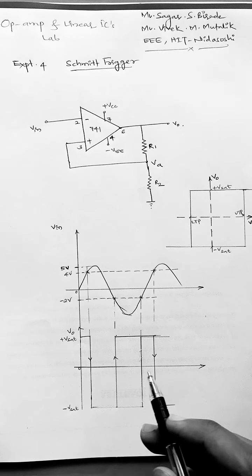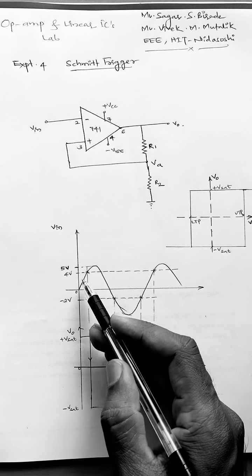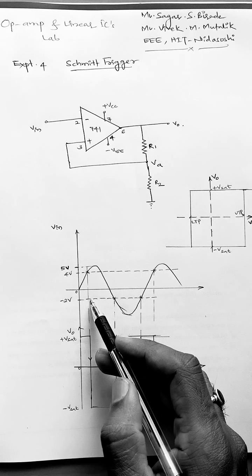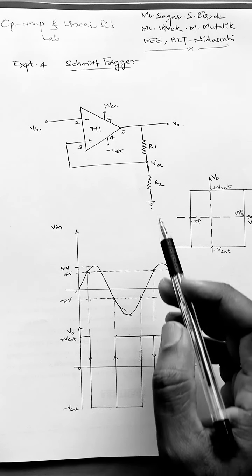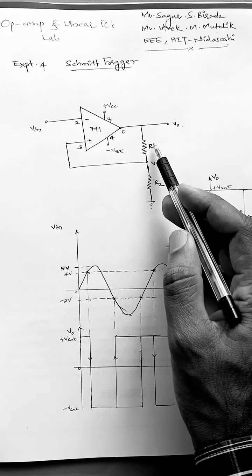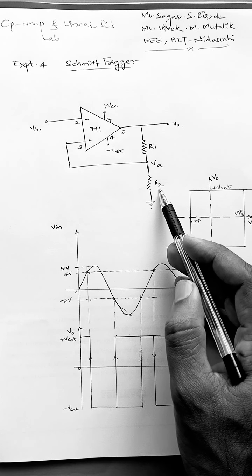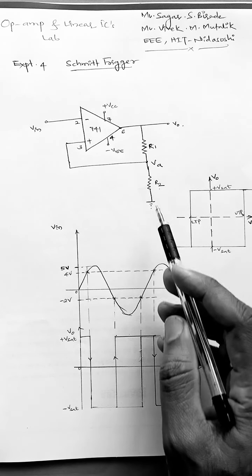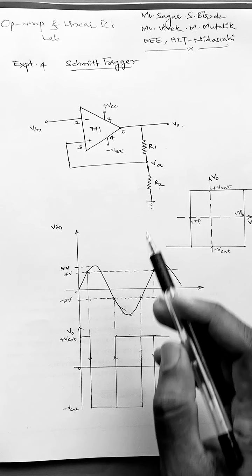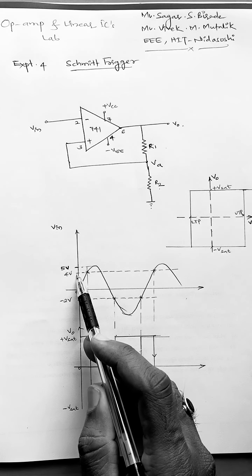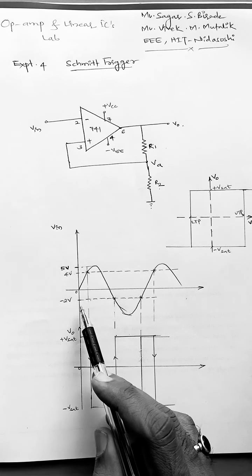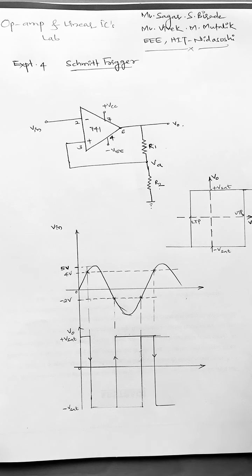You can set any value for UTP and LTP. Depending on that, you design the circuit, you get the values for R1 and R2, then check for the output voltage. Practically, you will be getting approximately the same UTP and LTP as you have theoretically calculated.